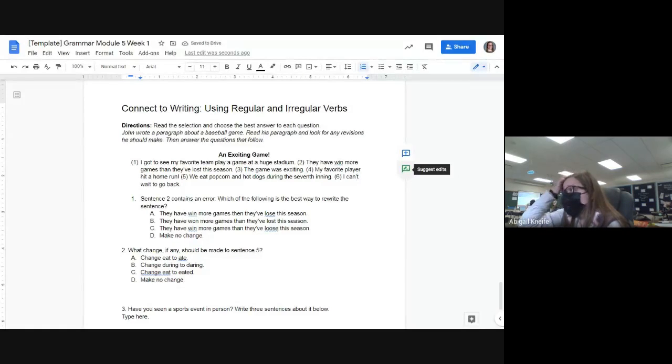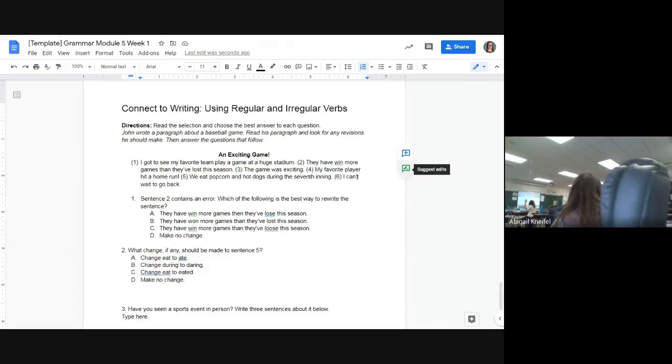Number 1, sentence 2 contains an error. Which of the following is the best way to rewrite the sentence? I want you to look at those 4 options and raise your hand when you think you know which one is the best way to rewrite those 4 options.